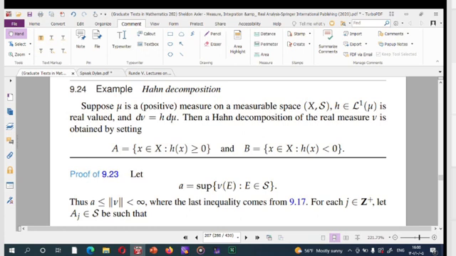A equals the set of all x such that h of x is non-negative, and B equals the set of all x such that h of x is negative, strictly less than 0.